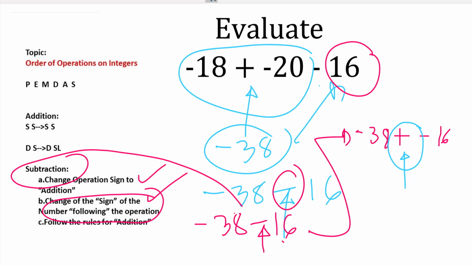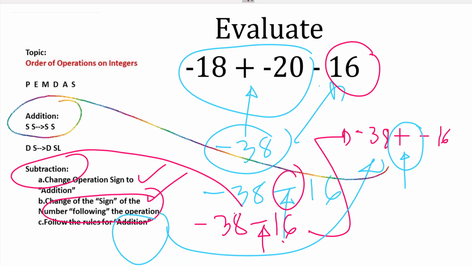So you follow the rules for addition here. Can you see that? If we have the same sign, in this case negative and negative, then you take the sum of these two.